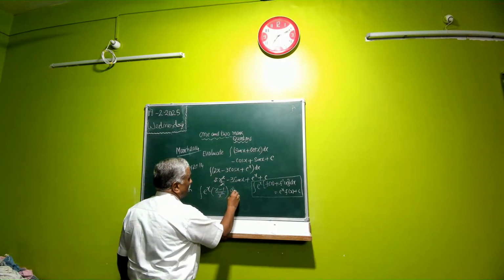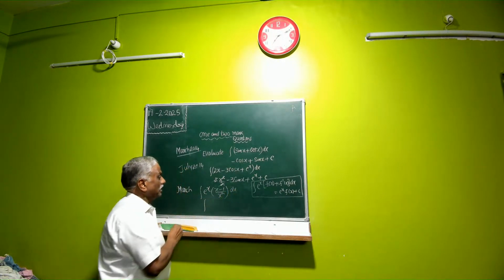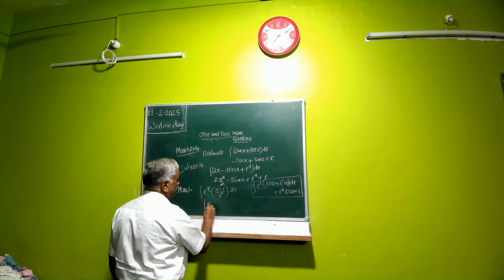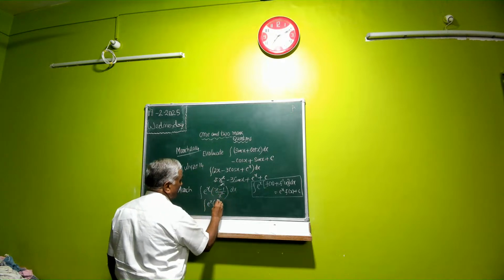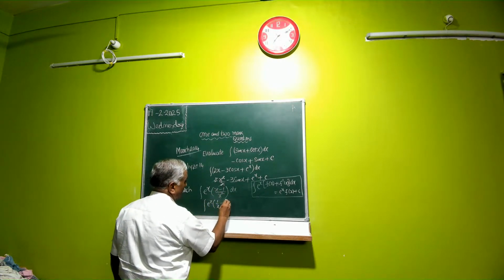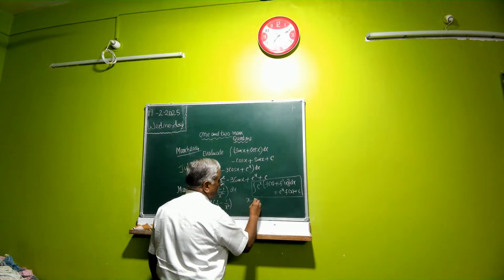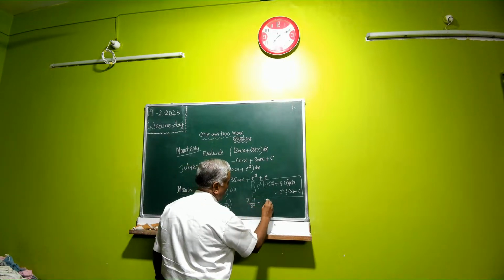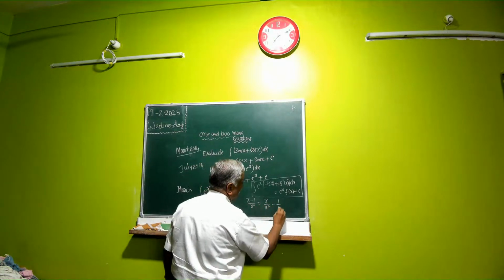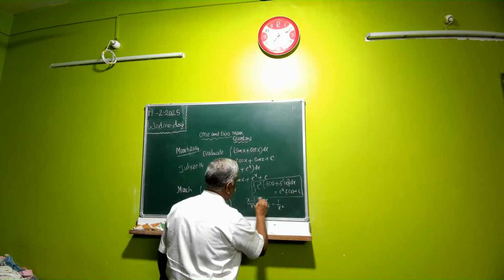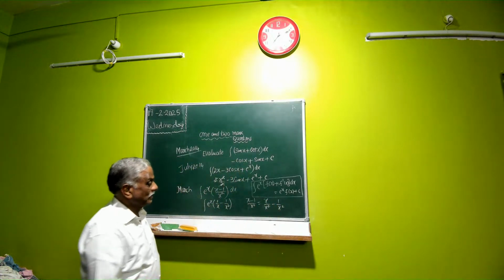You have got to arrange it. How to arrange it? E to the power of x you keep as it is. x by x square is 1 by x, minus 1 by x square. You can separate the terms. You get 1 by x minus 1 by x square.